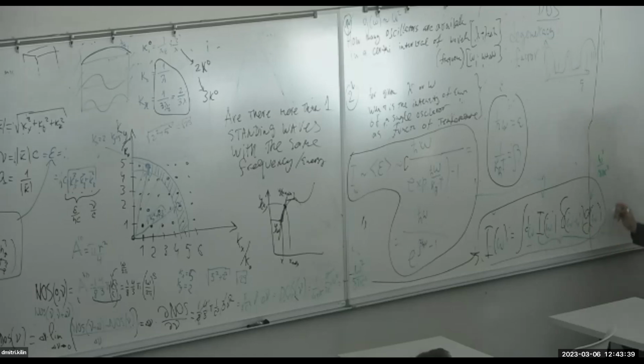So if one carefully processes this trick, then it will be per omega e h bar omega at minus 1.